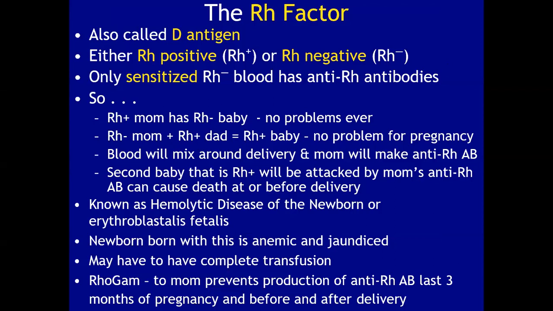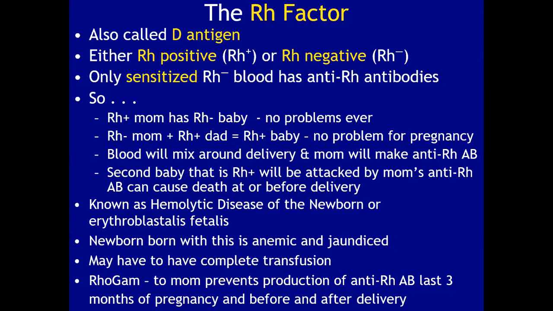You have to become sensitized to Rh positive blood. So a person's either Rh positive or Rh negative, okay? And if you are Rh negative and you are given Rh positive blood, we will make antibodies to that protein because that's a foreign protein.